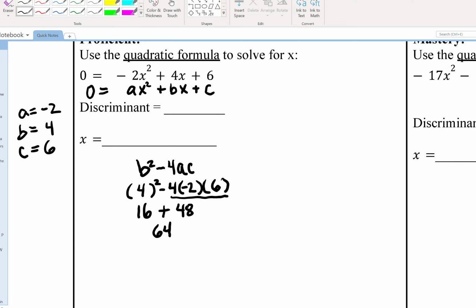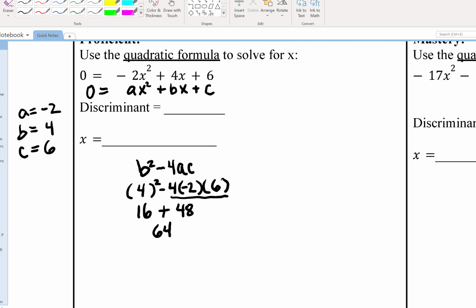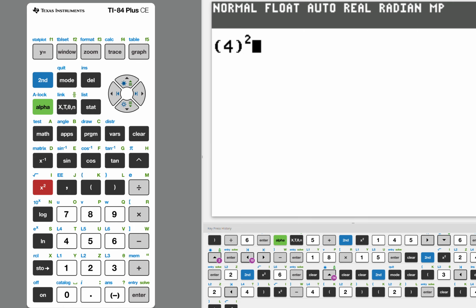If I want to double check, I plug that into my calculator. 4 squared minus, and when you're putting this in the calculator, make sure that you use the subtract sign, not the negative sign.